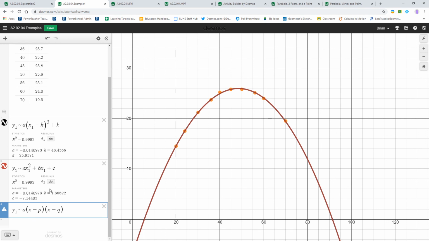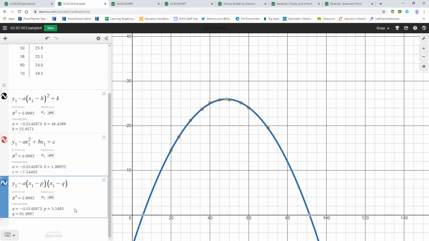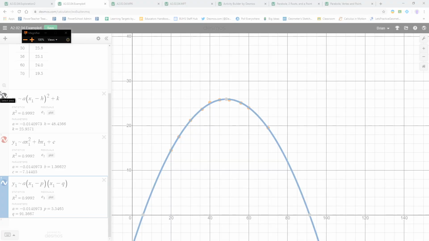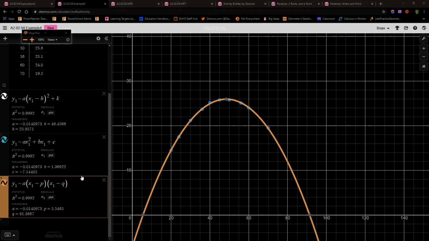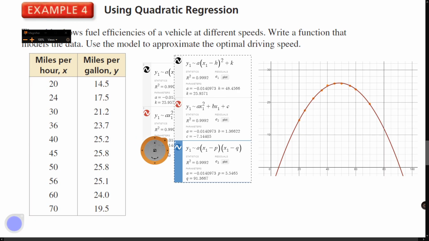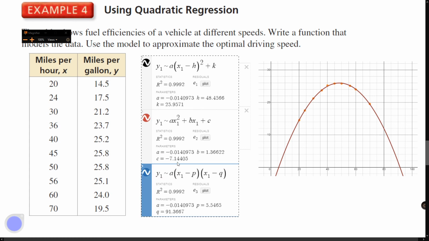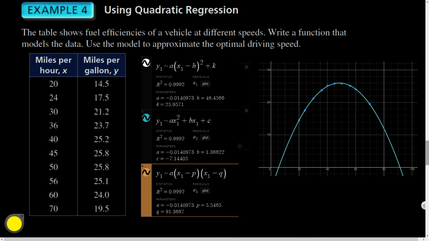What am I missing, guys? It's yelling at me, like, what's x? You can't use it. They need to be x1s. And look at that. It works, guys. It works. Well, it didn't quite line up, but that's fine. And that one's selected.